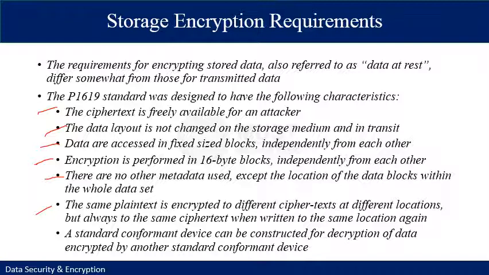So each sector contains multiple blocks, and an adversary with read-write access to the encrypted disk can copy a ciphertext sector from one position to another, and an application reading the sector at the new location will still get the same plaintext sector.